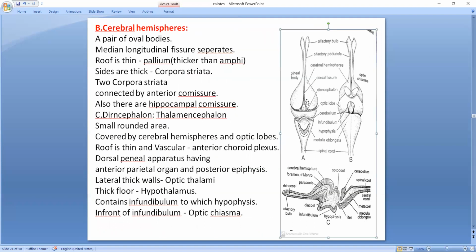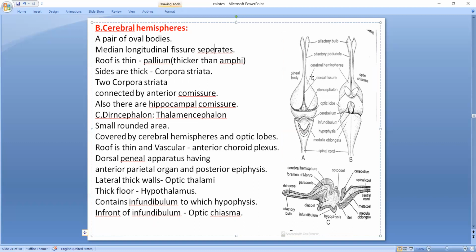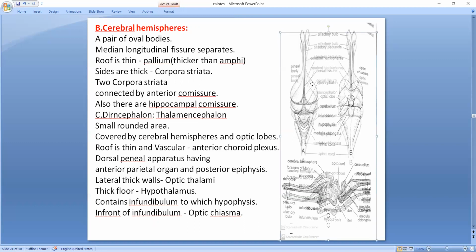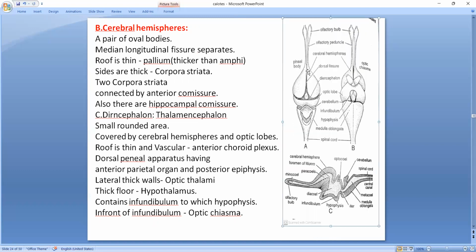Okay, so these are the cerebral hemispheres. Yeah, so a pair of oval bodies, a median longitudinal fissure separates them. Okay, so it is clear here when compared with amphibians, and of course in fishes this median feature is not there, we directly call it cerebrum. Okay, so the median longitudinal feature is clear in the dorsal region. So that separates it. Okay, a ventral feature is also there.